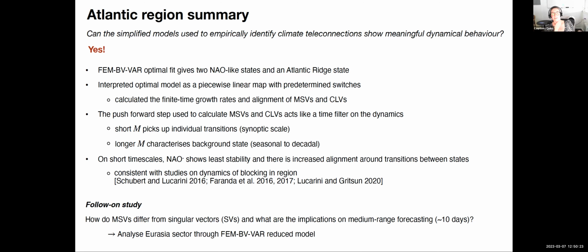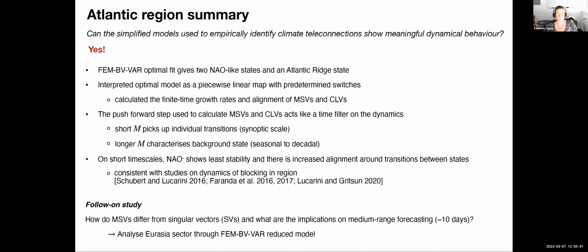A very simple answer to the question, can the simplified models that come from these data-driven methods show meaningful dynamical behavior? Yeah, they're pretty meaningful. It definitely aligns with what's been found in the literature and in other more theoretical studies.